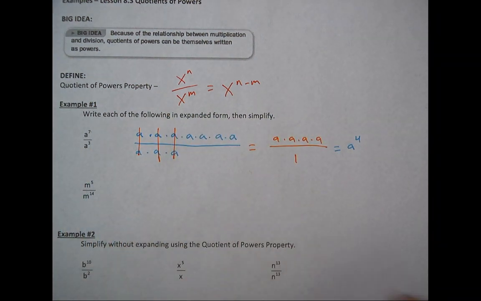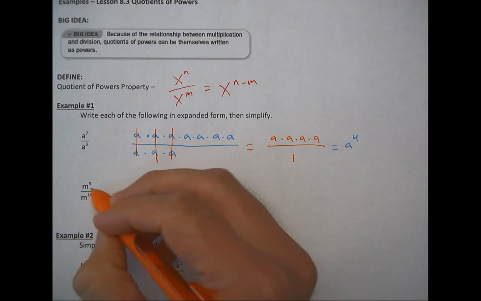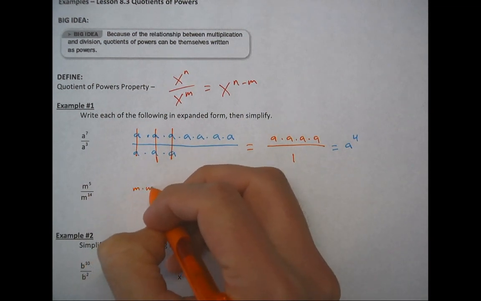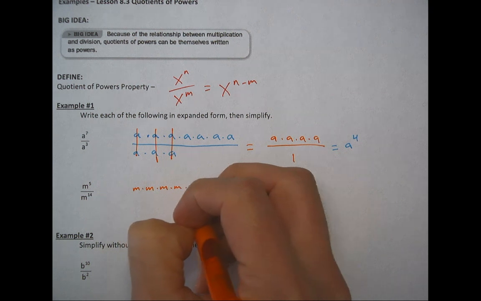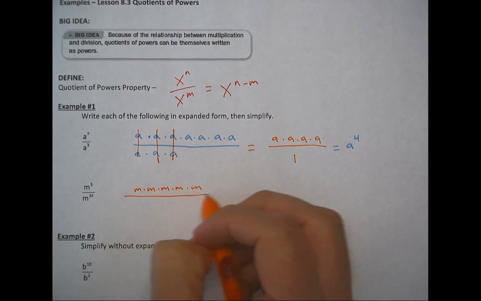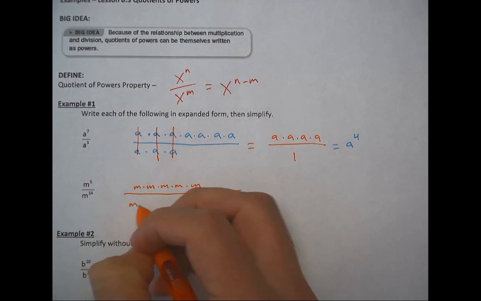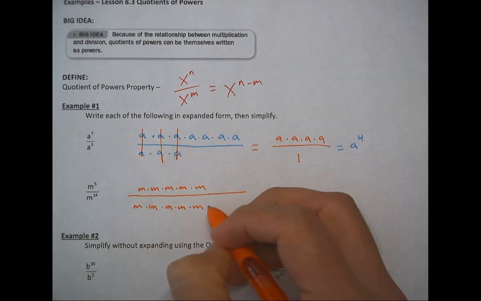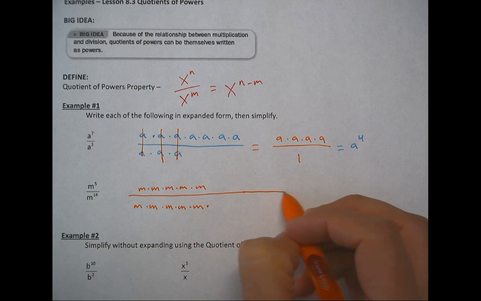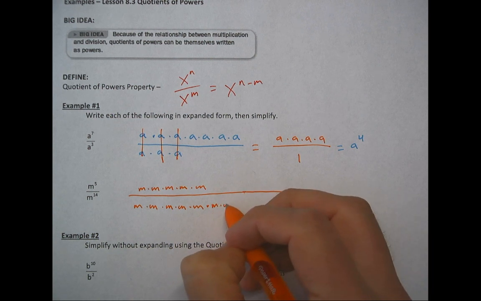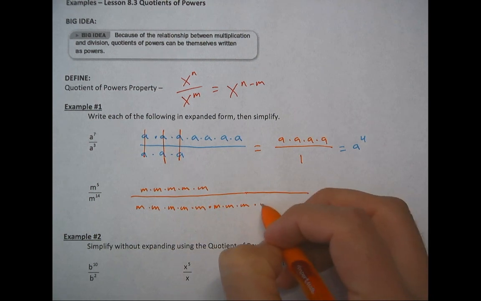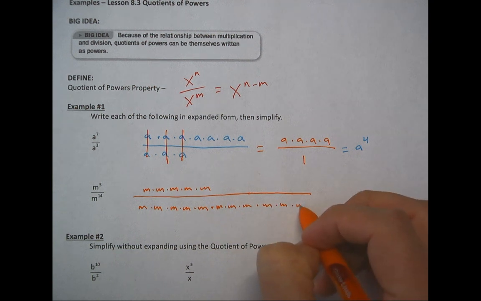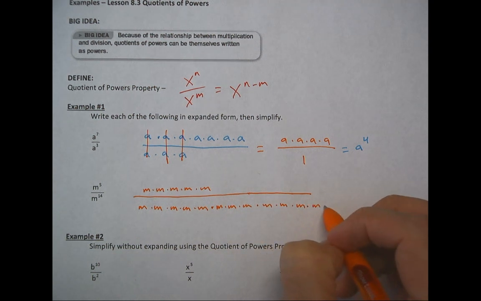So what about here? Here I have m to the 5th, so 5 m's. And on the bottom, 14 of them. I'm going to line these up. So that's 5. And I'm going to need a lot of room here. 6, 7, 8, 9, 10, 11, 12, 13, 14.